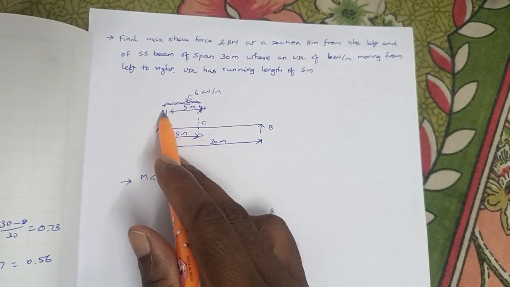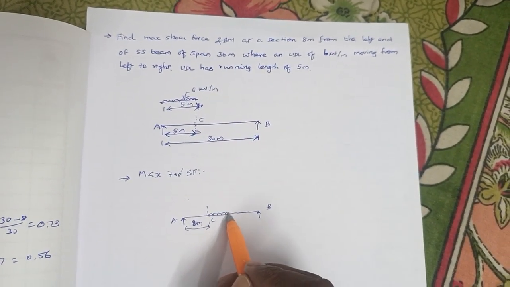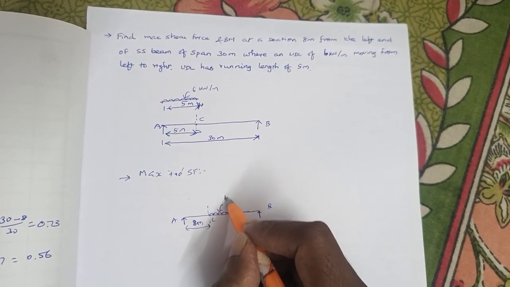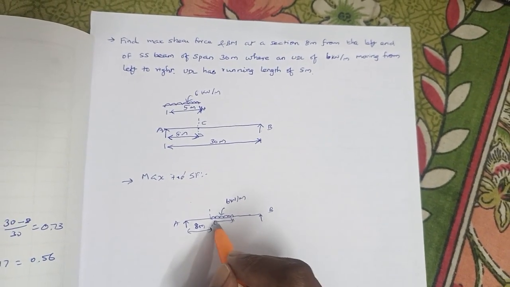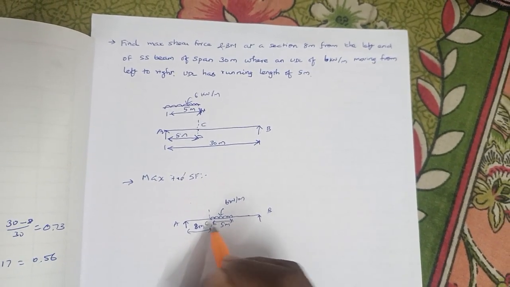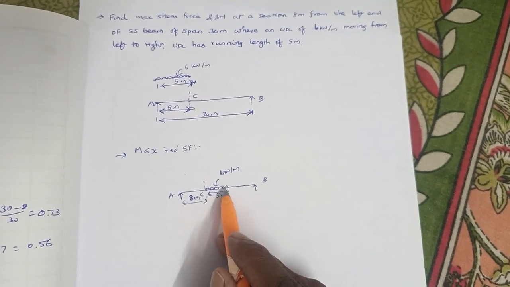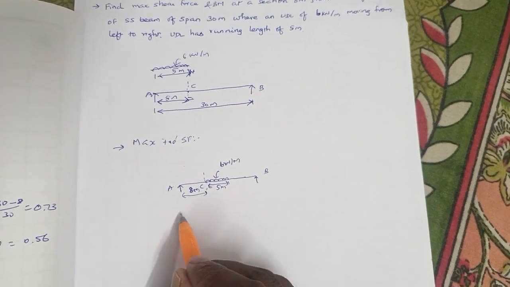So this is the tail, and it should be placed at the section. You have to place the UDL like this, which has a magnitude of 6 kilonewton per meter and a running length of 5 meters. This is how you have to position your load to get the maximum positive shear force.